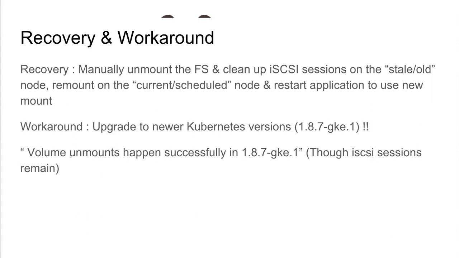You're right with respect to the data being actually present on the DB, but the inconsistency is coming from the mount cache. That is the reason why, when we are doing the recovery step, that is unmounting on the stale node and remounting and restarting the application on the scheduled node, it enables the users created.